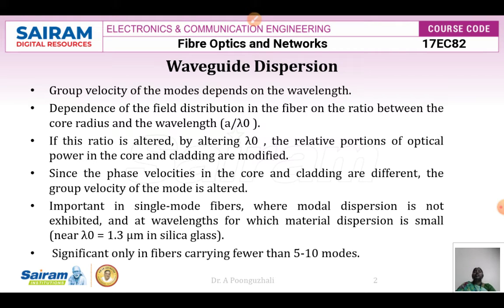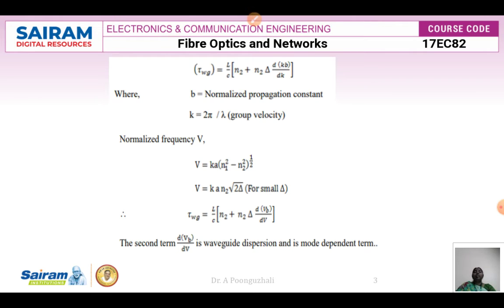So the waveguide dispersion is significant in fibers where the number of modes travelling inside the fiber is less than 5 to 10 modes. Mainly waveguide dispersion is visible in single mode fibers. If you go for multimode fibers, the number of modes should be less than 5 to 10 inside the fiber; only in that case is waveguide dispersion explicit.